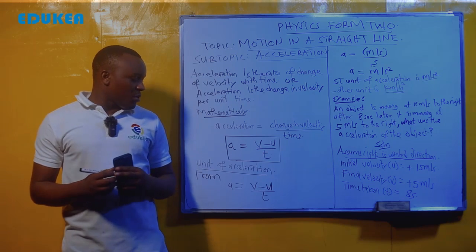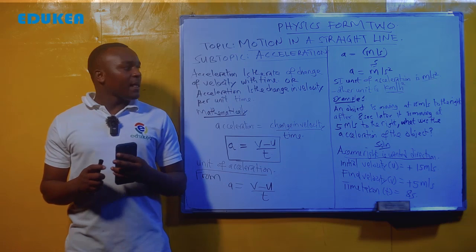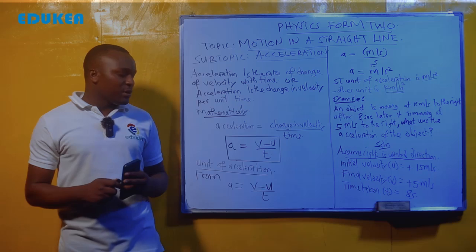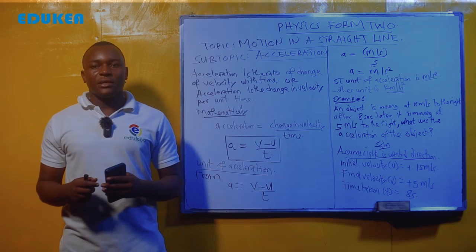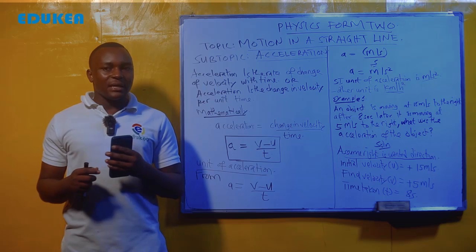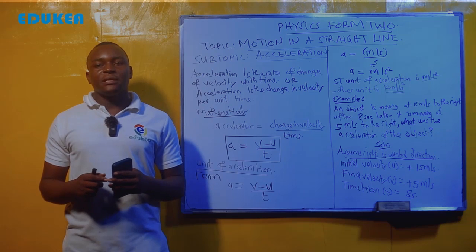Now let's deduce the SI unit of acceleration. We know that the SI unit of speed or velocity, as we learned in the previous session, is meter per second.